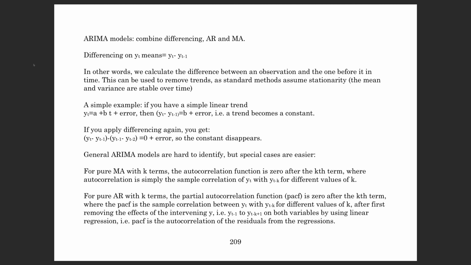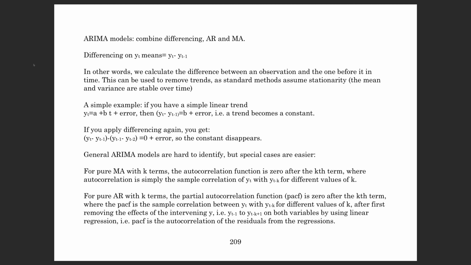If we have a pure autoregressive model with k terms, what we call the partial autocorrelation function will be 0 after the kth term, where the partial autocorrelation function is the sample correlation between Y_t and Y_{t-k} after first removing the effect of the intervening y on both variables by using linear regression. In other words, the partial autocorrelation function is the autocorrelation of the residuals from the regressions.